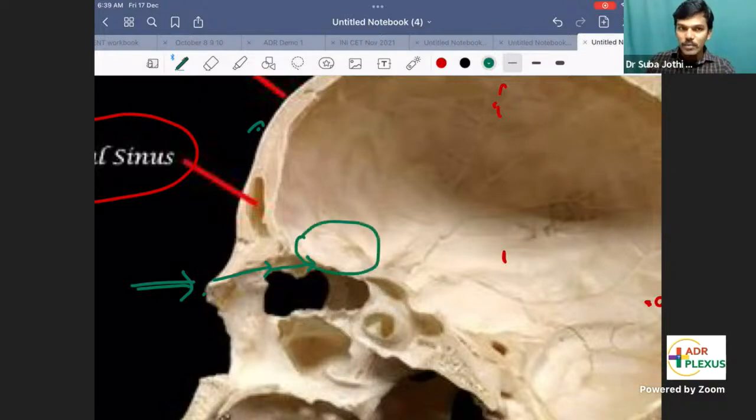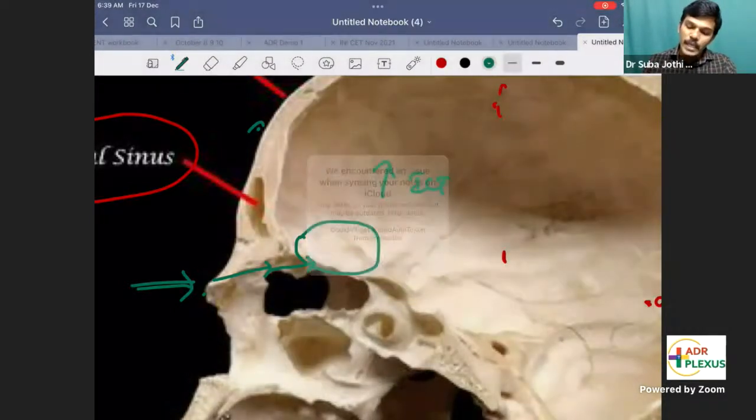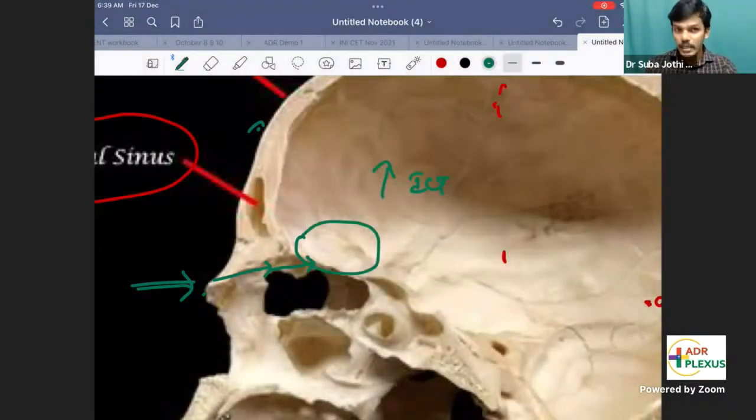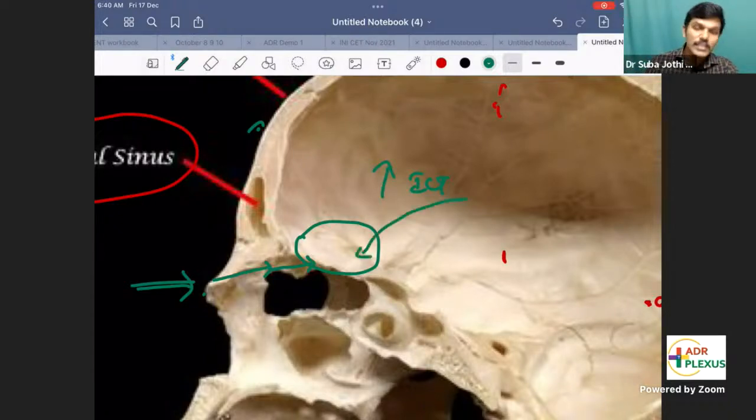So the cribriform plate of the ethmoid is the commonly injured part in CSF rhinorrhea. For spontaneous cases also, it is a thin bone. If there is raised ICT due to a tumor, or pseudotumor cerebri, or any spontaneous or idiopathic cause, without any cause, only obesity will be the cause, it can cause CSF rhinorrhea through this cribriform plate of the ethmoid.